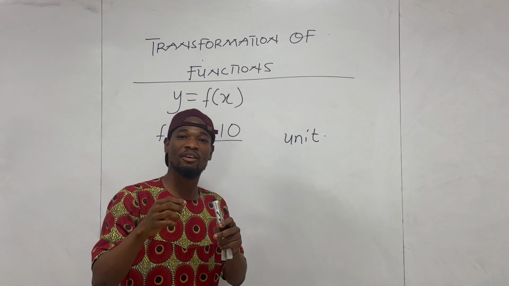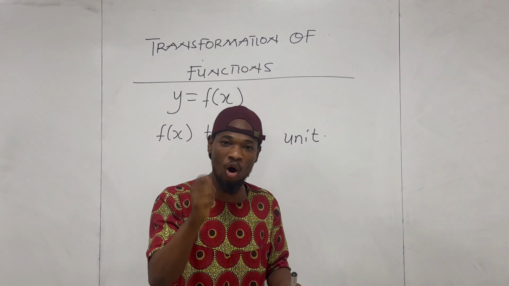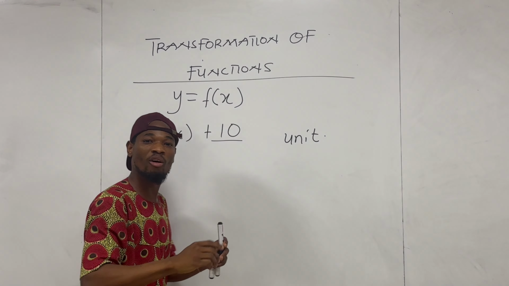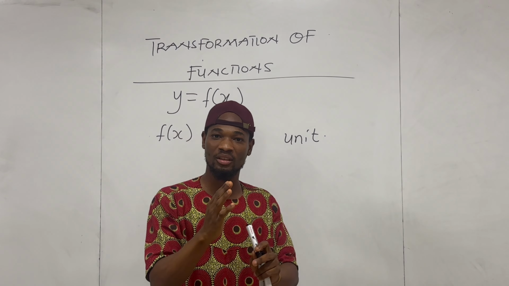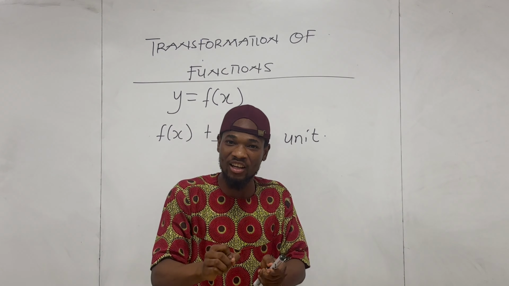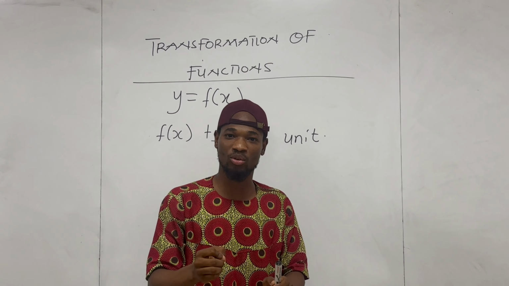Whether vertically upwards or vertically downwards depends on the sign over here. Conventionally, when the sign is positive, it is vertically upwards. Conventionally, when the sign is negative, it's vertically downwards.